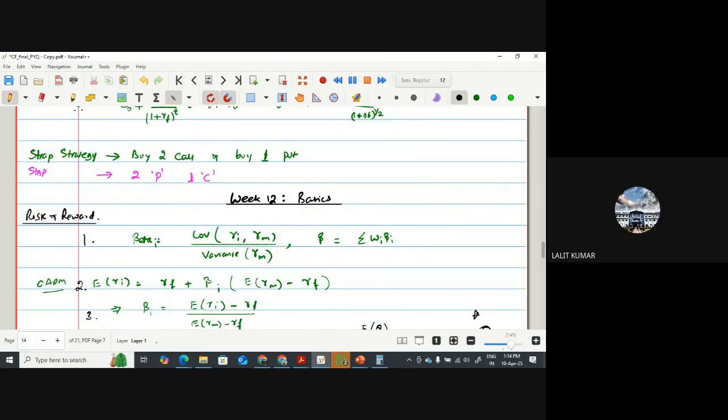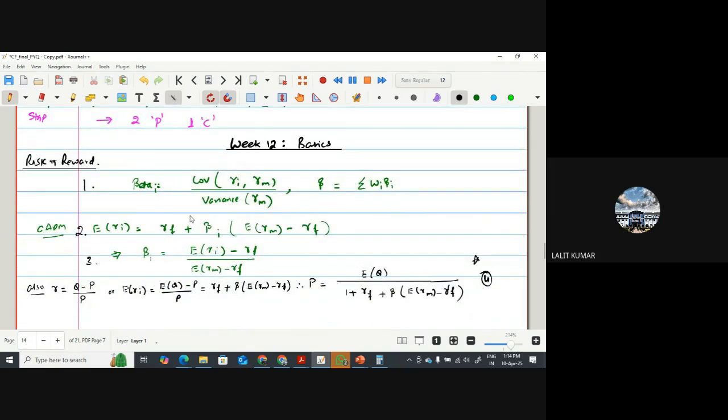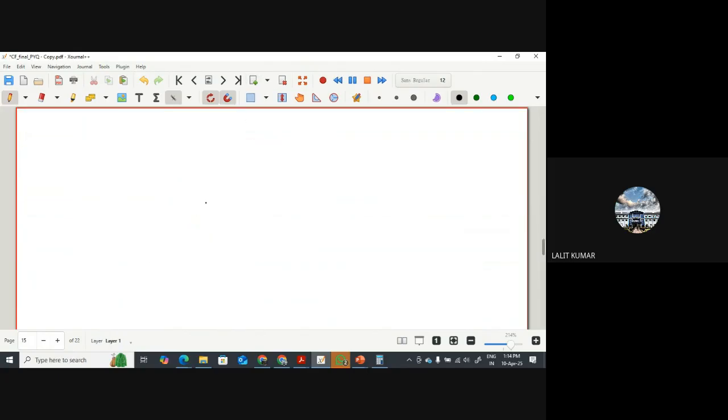Now we come to week 12. So week 12 is basically about the risk and rewards. In this, certain formulas are there. First of all is again the beta. If somebody has operated in the stock market, they know that every time you do the analysis, they give you the beta of that stock, and they also give an alpha of that stock.